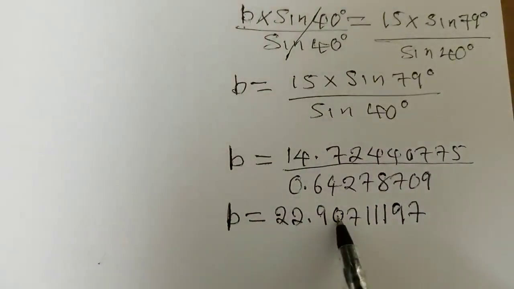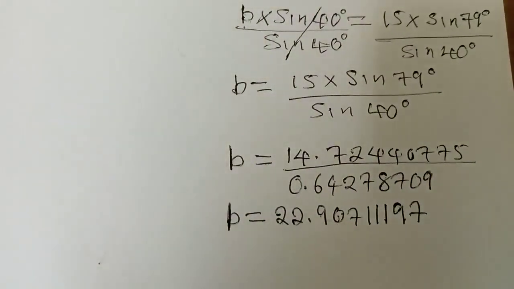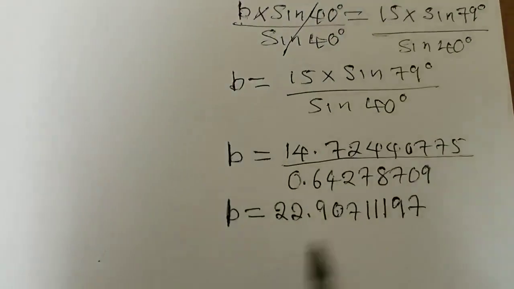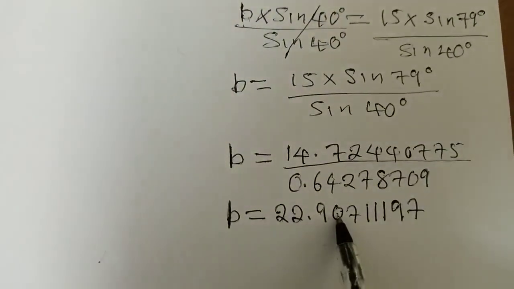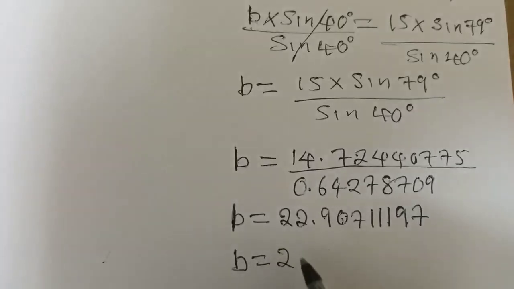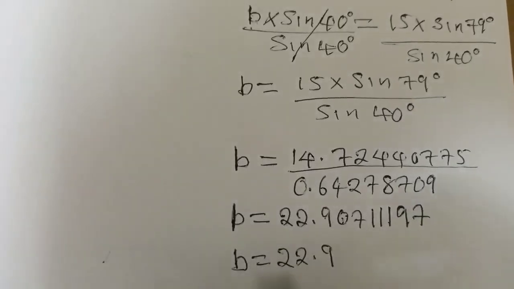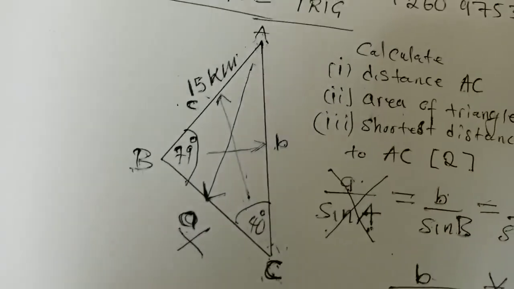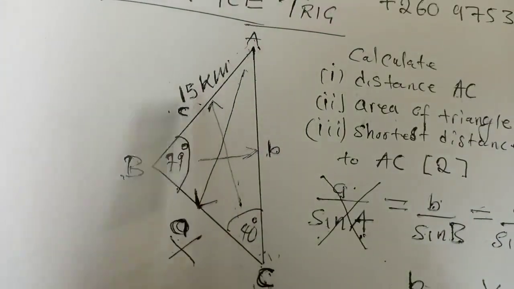But seeing that here the number is less than 5, it is 0. So the answer is b is equal to 22.9, and it is in kilometers.